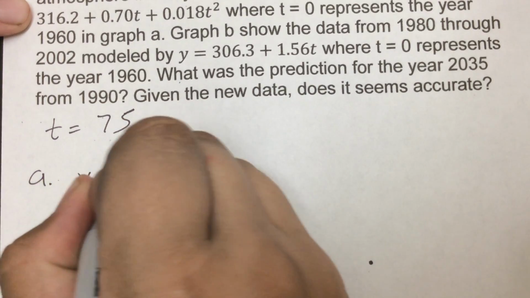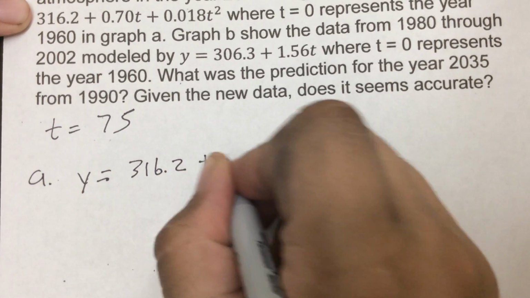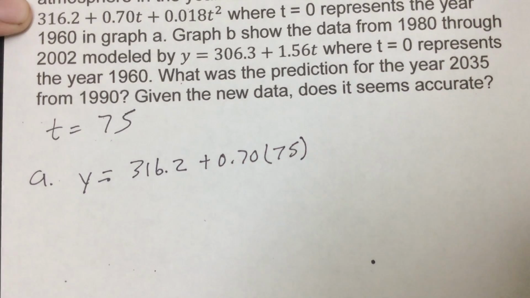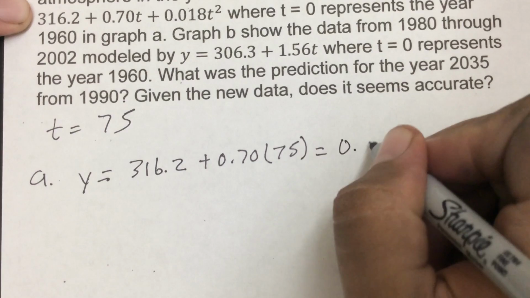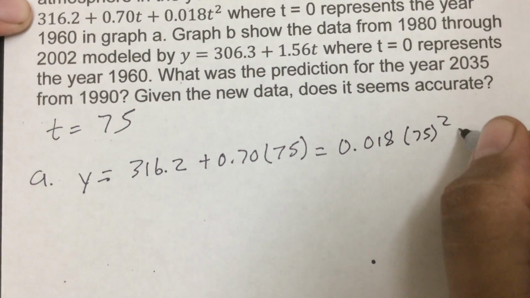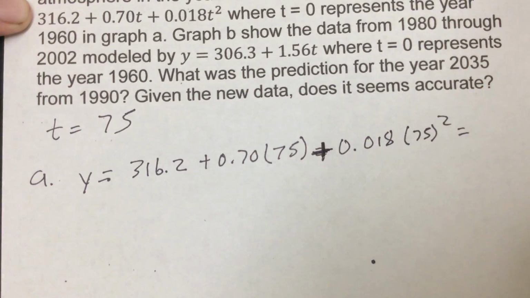So y is going to equal 316.2 plus 0.70, now our t is 75, so we're going to sub that in, plus 0.018 times 75 squared. And this is plus, not equals.